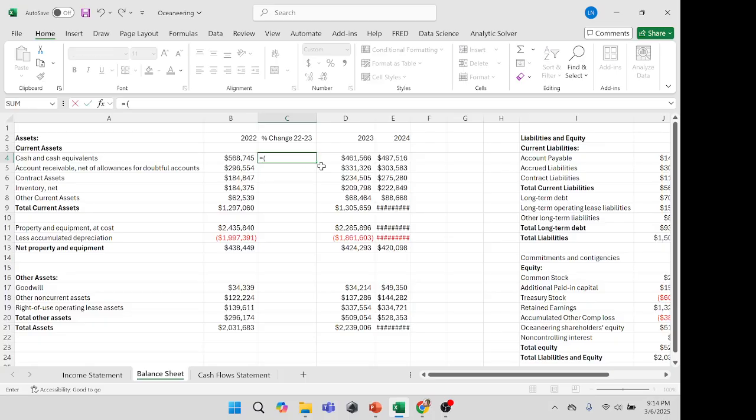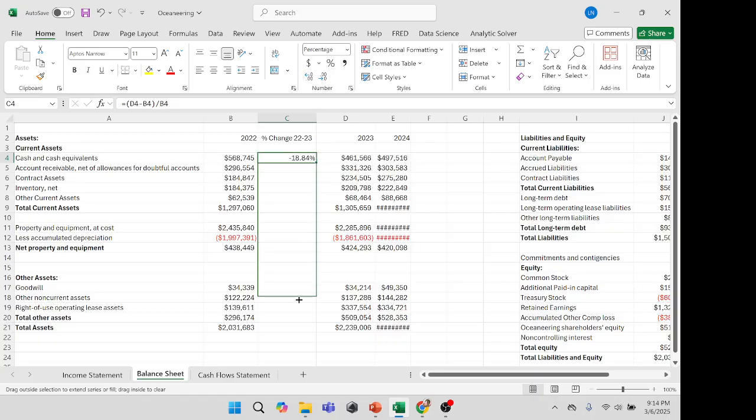And like I said, it's going to be 2023 minus 2022 divided by 2022. Am I right? I think I'm right. It just needs a little bit more. You see that it shouldn't be $, it should be percentage. So you see that over time it's decreasing.